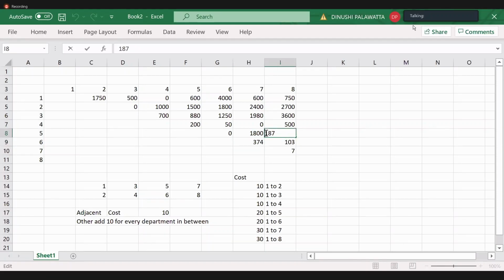5 to 7 also next to each other. And then 7 to 8 next to each other.